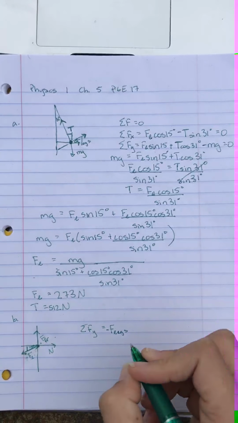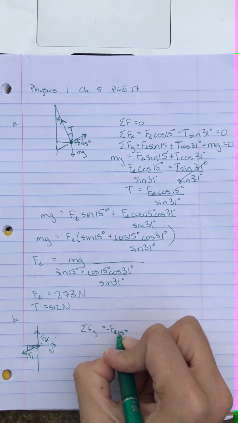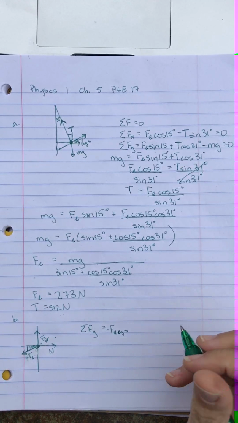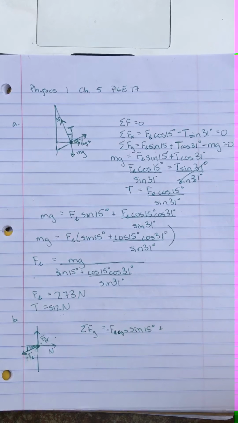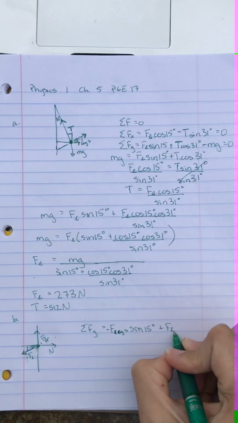It's going down, so negative. The force of the legs times sine of 15 degrees plus, so going up, we have the force of friction.